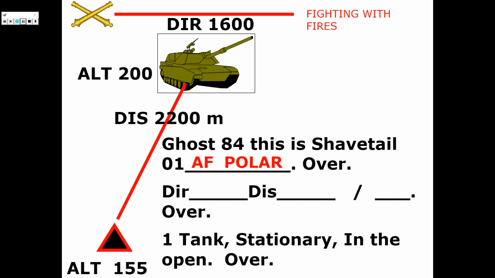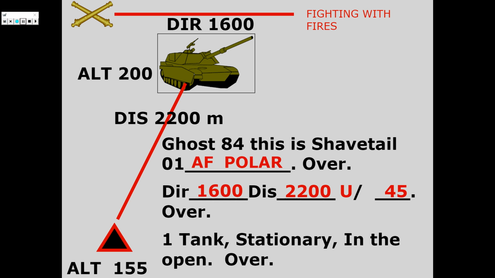Now in our second transmission, we send the target location. Direction 1600, distance 2200, up 45, over. Now we begin our third transmission. One tank stationary in the open, over. And that completes the polar call for fire.